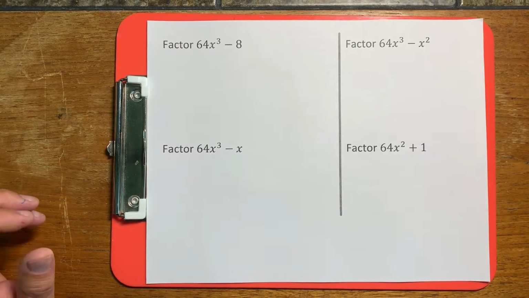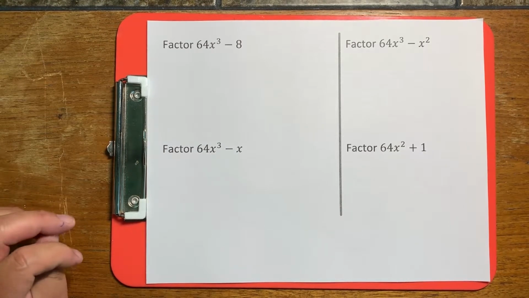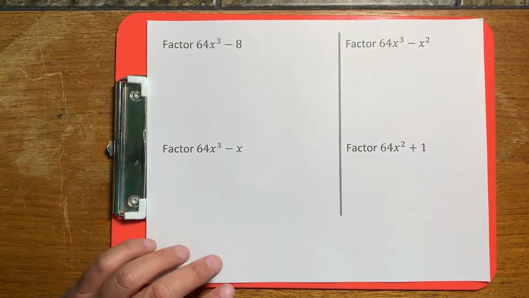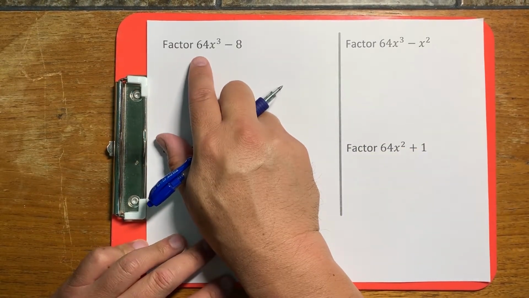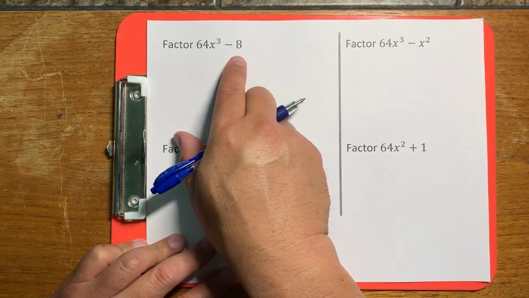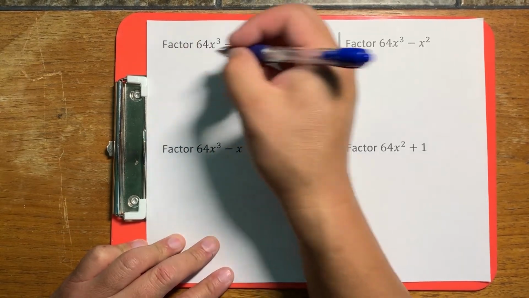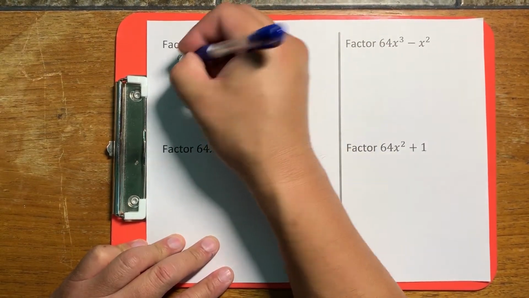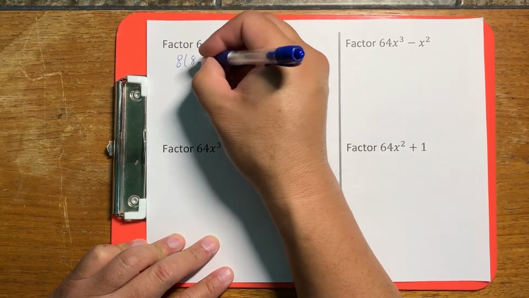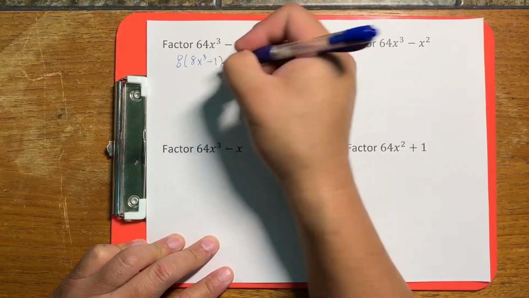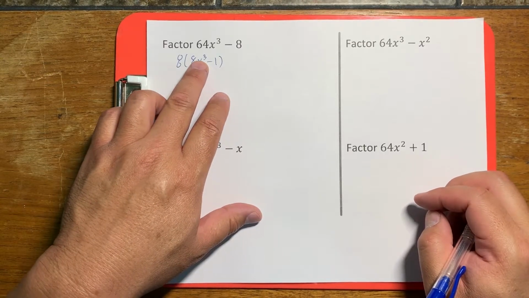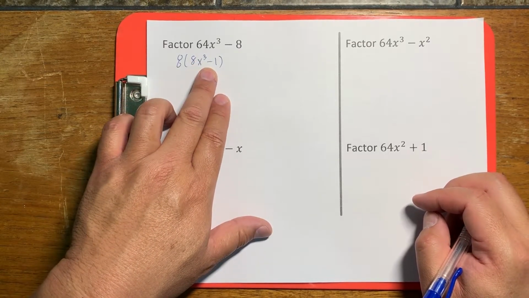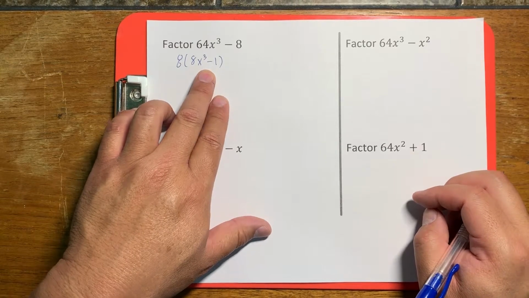Okay, let's work on factoring a bunch of different problems. The first thing we want to do is pull out the GCF. So over here, we can see that 8 divides into both terms. So 8 is my GCF. Once we pull out the GCF, we'll then look at the exponent and the sign to figure out which formula we're going to use.